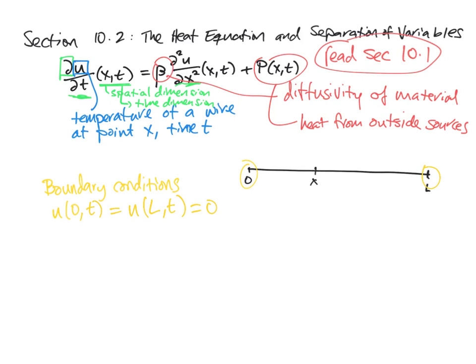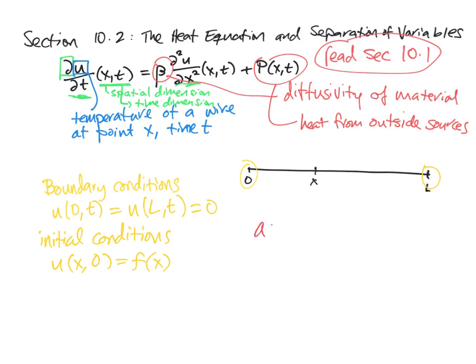And then finally, we need actual initial conditions, the way that we're sort of used to, which is what is happening when t equals 0. And this is going to be some function of x.